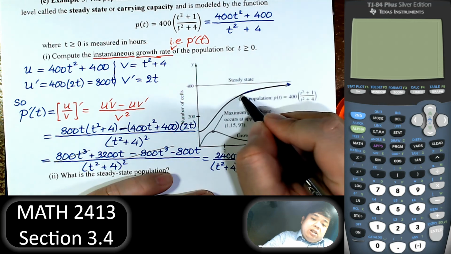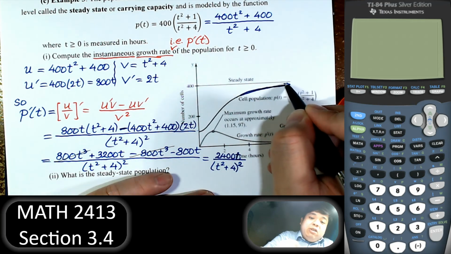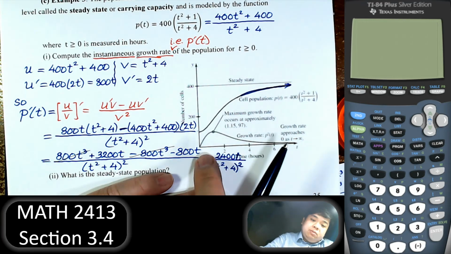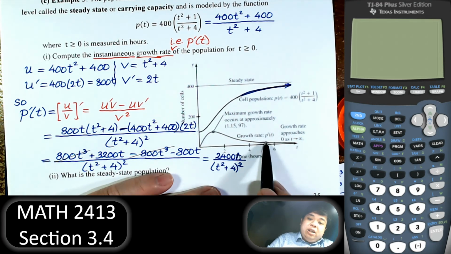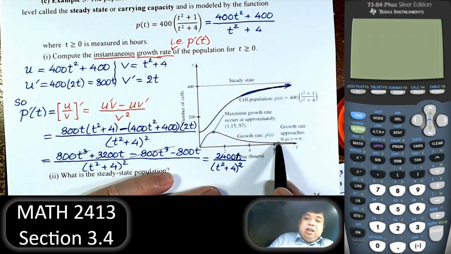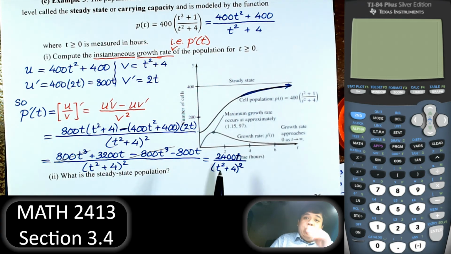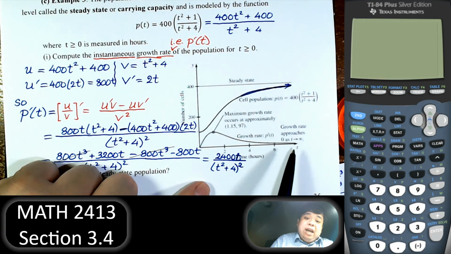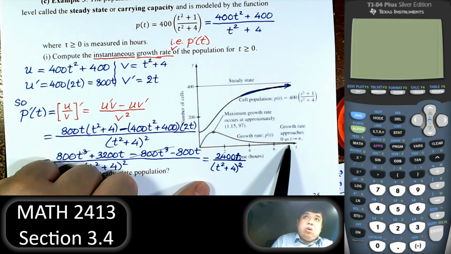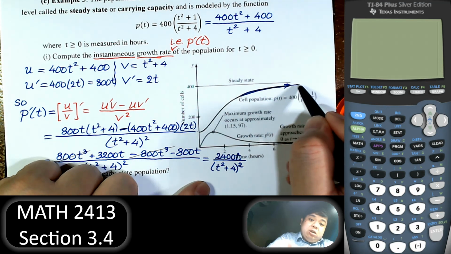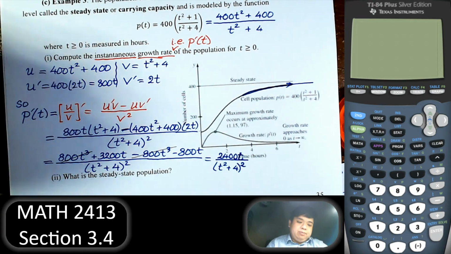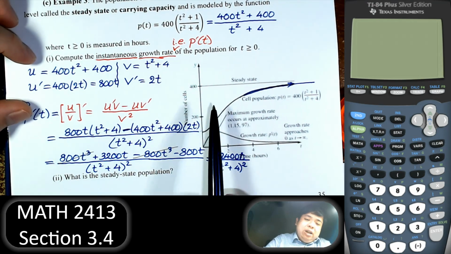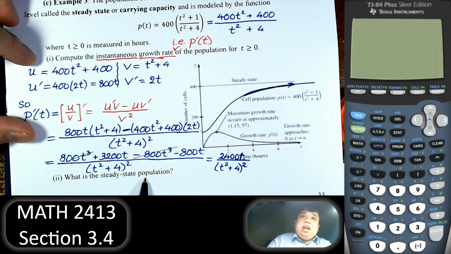So even though the population is increasing, the growth rate, if we graph it, goes to 0. Even though this is positive, it will get smaller and smaller, and essentially the growth rate goes to 0. It's just that the population will be flat. And the question is, what will be the steady state population?